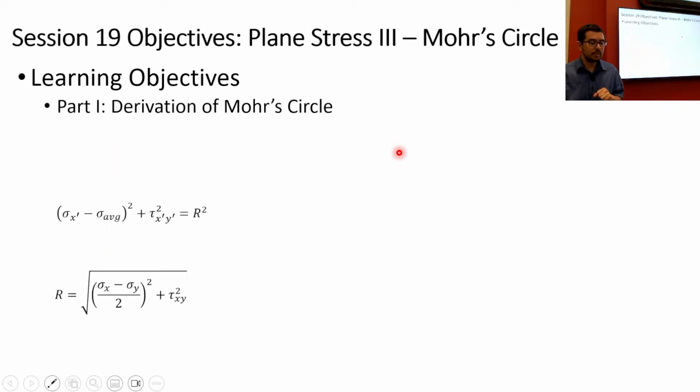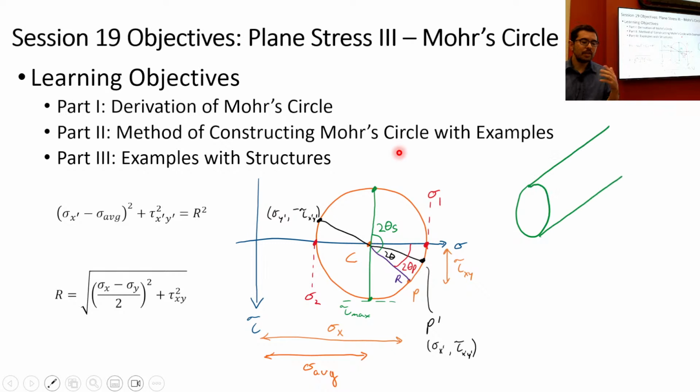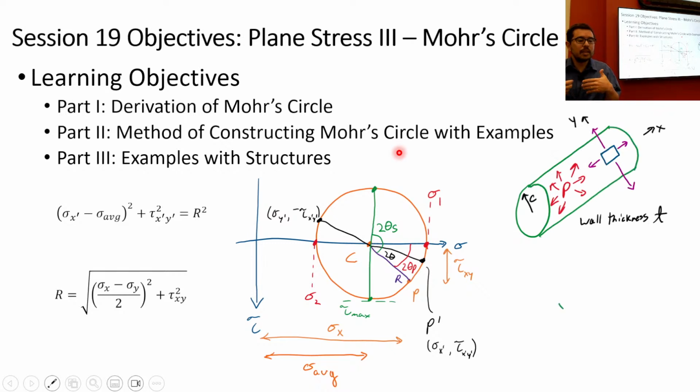What did we cover today? We derived Mohr's circle. Woohoo! Okay? This is a big step in your engineering career. All right? You now know what Mohr's circle is. Maybe some of you knew what it was before today, but now you definitely know what it is. And then we've talked about how to construct Mohr's circle, and we have connected Mohr's circle to structures.